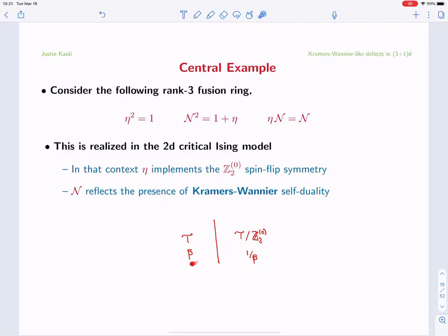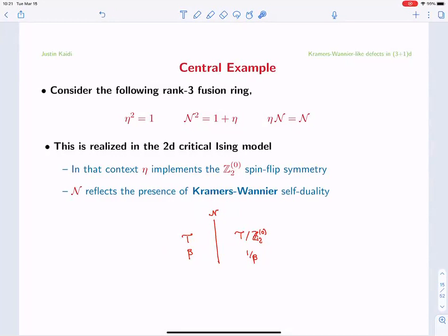But if I fix myself at the critical point where beta is equal to 1 over beta, so I'm in the critical Ising model, then the theory over here is the same as the theory over here. And it turns out that this duality interface becomes a duality defect, a self-duality defect. And this is this N that we've been discussing here. Okay. So this N is what we're really going to want to understand throughout today's talk.